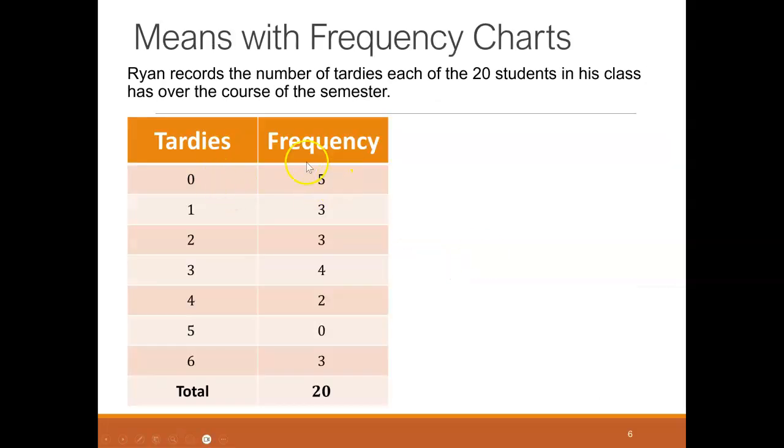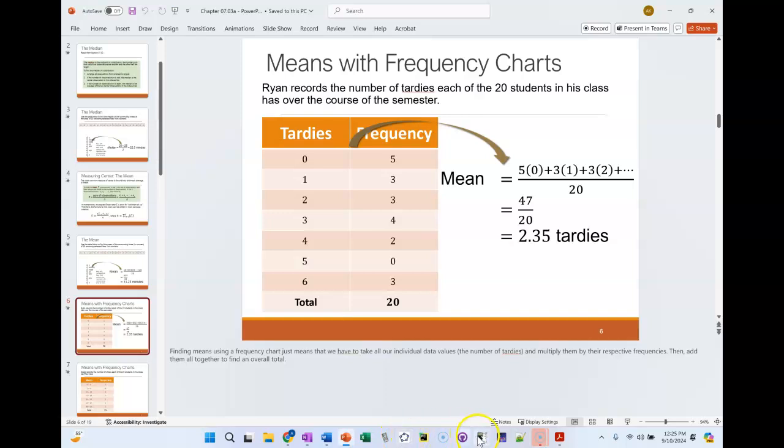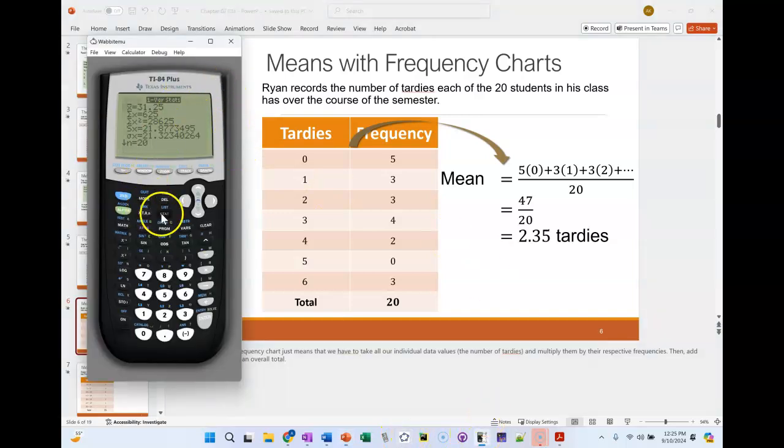But what if I gave you a frequency table instead? Well, no big deal. I'm just going to use two lists here. So I'll go back to stat. I'll go to edit. I'm going to use L4 and L5. So I'm just going to do the observations in L4.